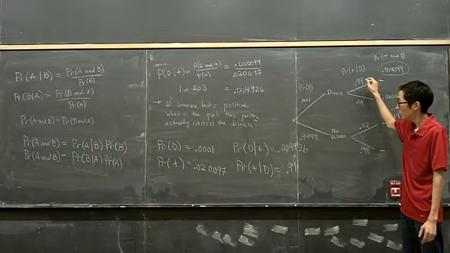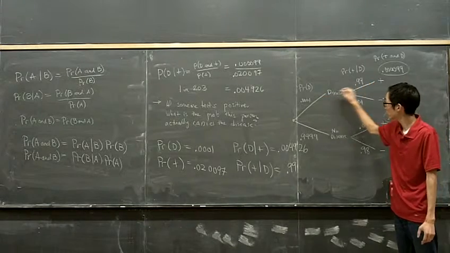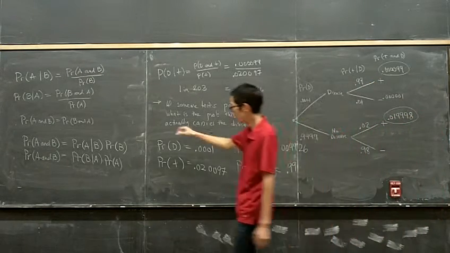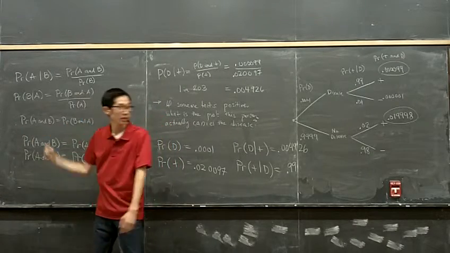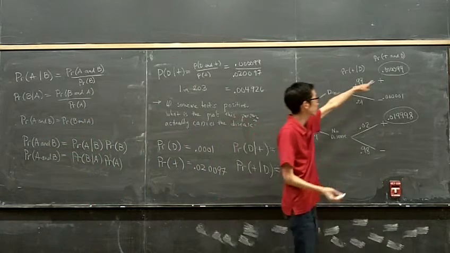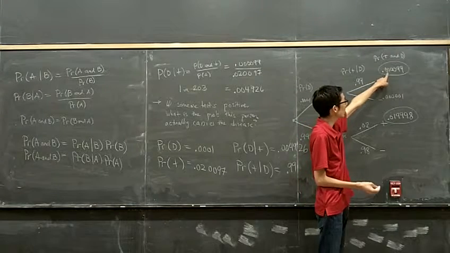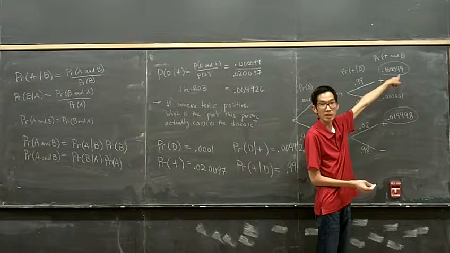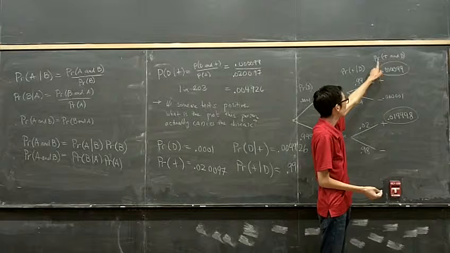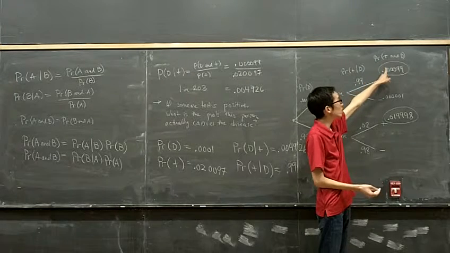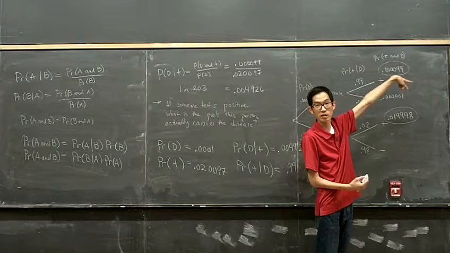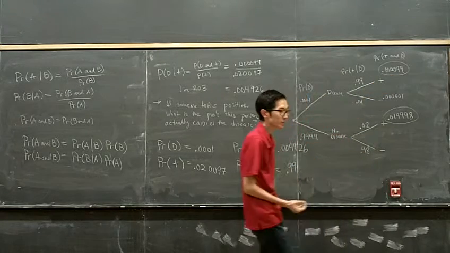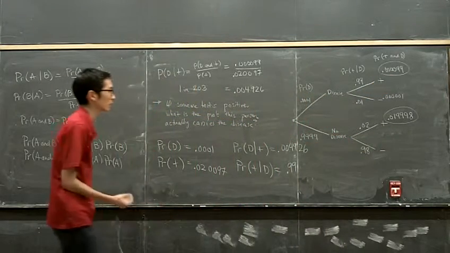If I multiply this times this, I'm going to get the and part. And that's what I did get, indeed. This number, the 4 zeros and 99, is the probability that someone tests positive and has the disease. And that's what we have.